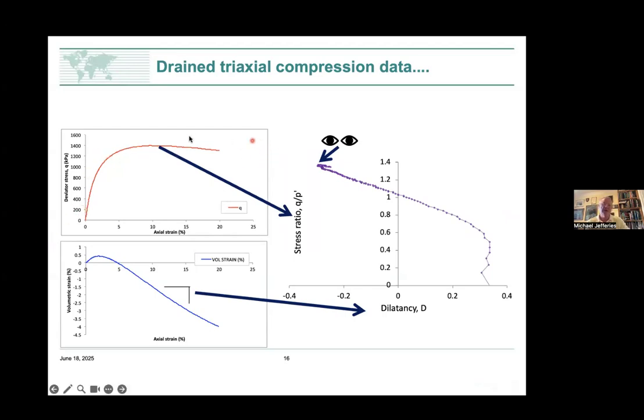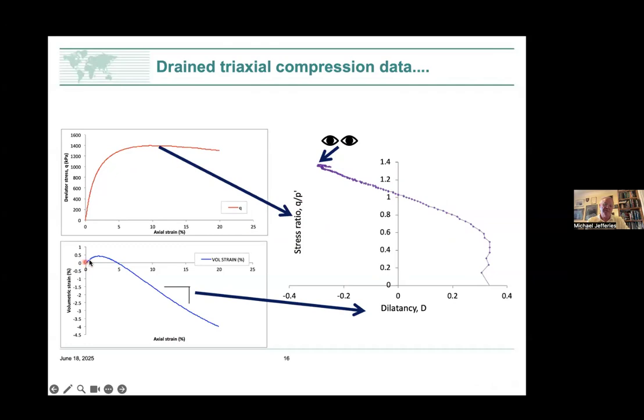So on the left-hand side here, we've got a deviator stress versus axial strain graph, and we have to transform that into the stress ratio q by p, divided by p dash. So over here, I've got a q of whatever it is, 1200 kPa. I know the p dash at the same time, whatever it was, 700 kPa, divide one by the other, and that gives me my vertical points on the right-hand graph.